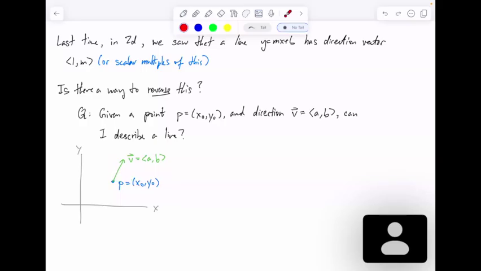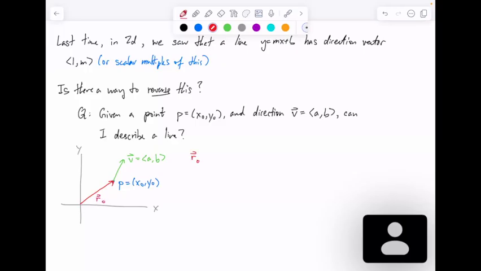Now I can modify this a little bit and consider the vector, because I'm living in R2, the plane. I could make a kind of stupid adjustment here, right? At first, P is given the coordinates x naught, y naught, but there's nothing really stopping me from just associating a vector to P. I'm going to associate a vector to P that has its tail literally at the origin in my xy coordinates, and the tip is going to be at my point P. So this I'm going to call R0.